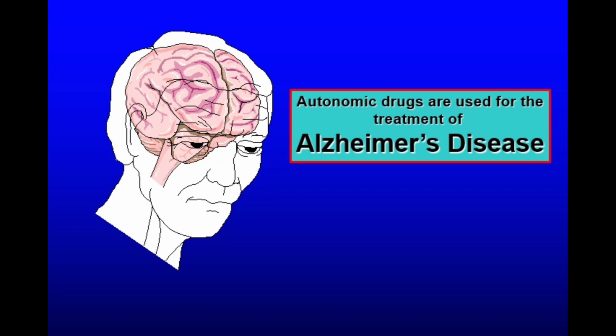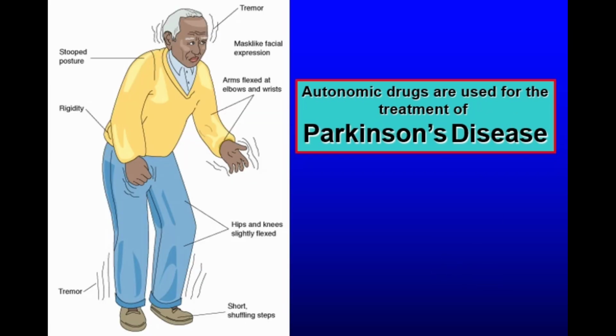Some of the drugs described in this section have useful clinical usage for CNS (central nervous system) disorders, including Alzheimer's disease. Another CNS disorder which will be covered is Parkinson's disease. Therefore, understanding the pharmacology of the autonomic nervous system prepares you for understanding the pharmacology of drugs on more complex organs.